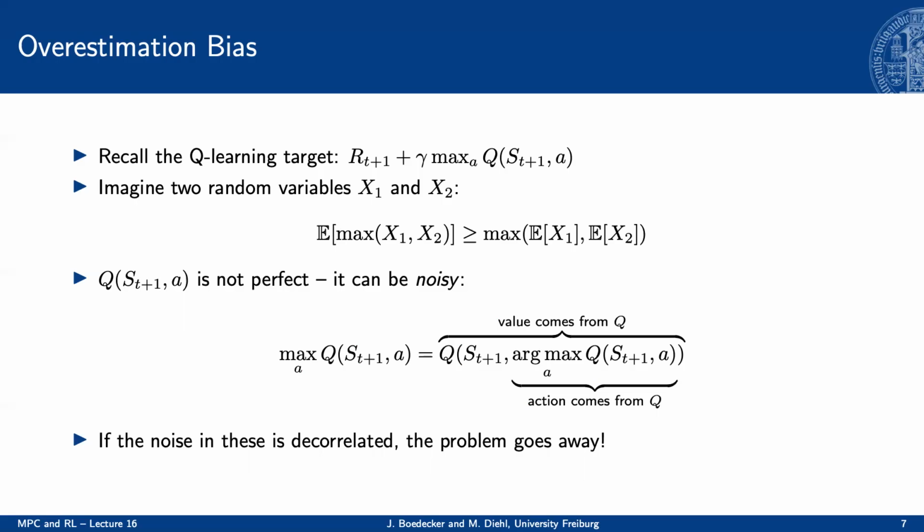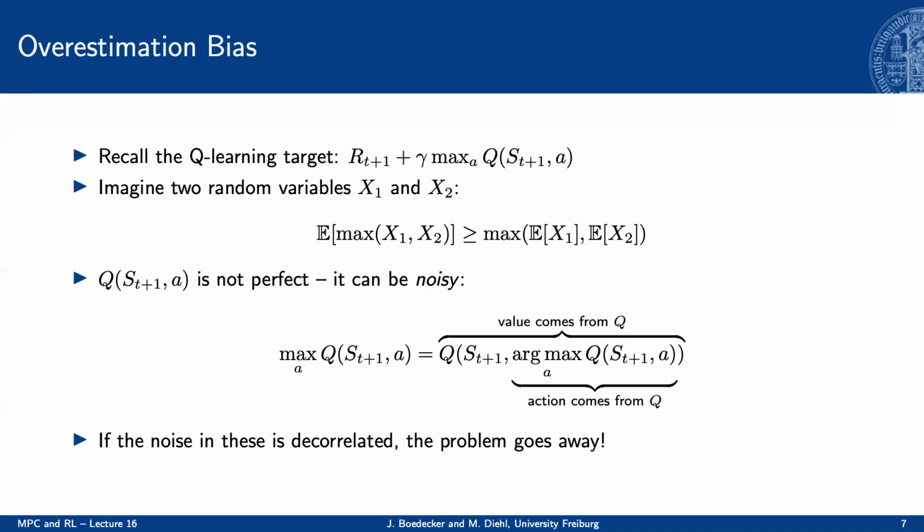And now, for now, just let's consider two abstract random variables x1 and x2. Then it is true actually that if we take the expectation after we take the max of the two, that's not the same as taking the max when we first take the expectation of both.